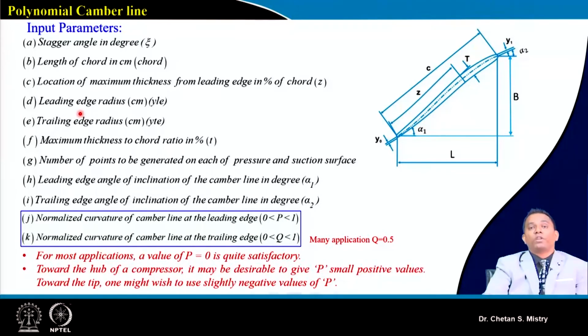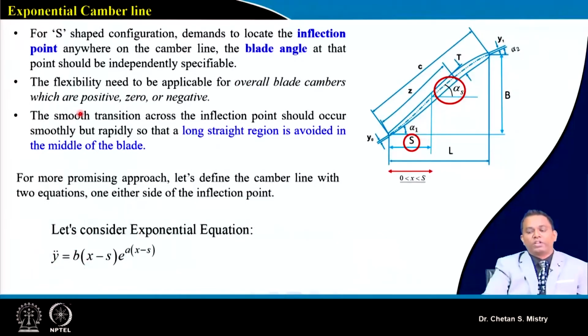Suppose I want to develop a multiple circular arc kind of configuration or multiple circular arc kind of aerofoil. Under that condition, we need to put some extra location here. This is a location at some point S, which we call the inflection point, and this is some angle alpha S.